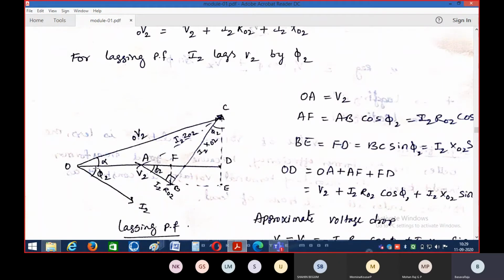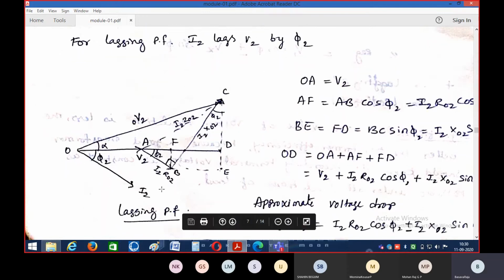First, I have taken the secondary terminal voltage as reference. The V2 phase I have taken as a reference. This horizontal line till A, OA, represents the secondary terminal voltage on full load. And this is the vector diagram I am drawing for lagging power factors. For lagging power factors, always the current will lag behind the voltage by phi.